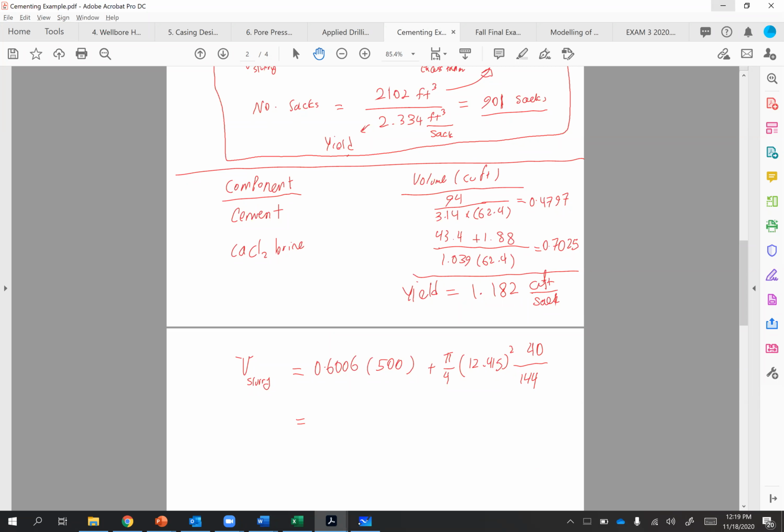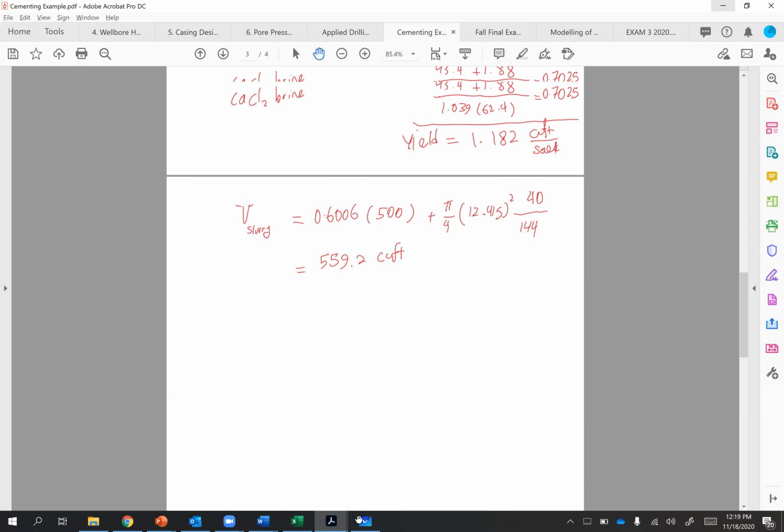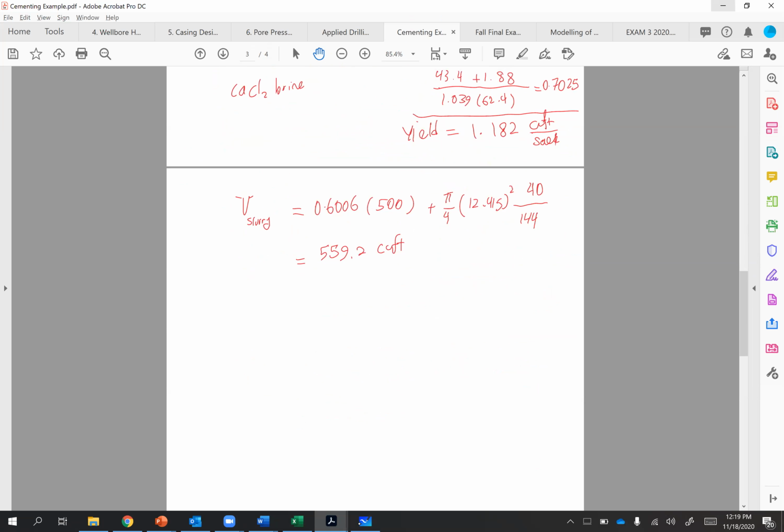So that basically gives you the slurry volume, right? So if you do this calculation, you get 559.2 cubic feet. So that's the total volume, right? That basically needs to be there. So we can calculate also the number of sacks of cement.